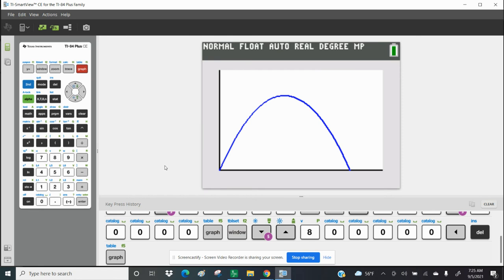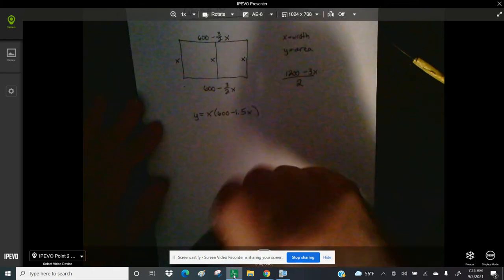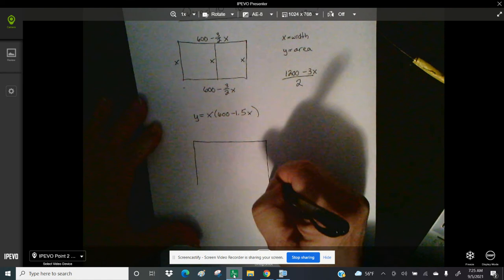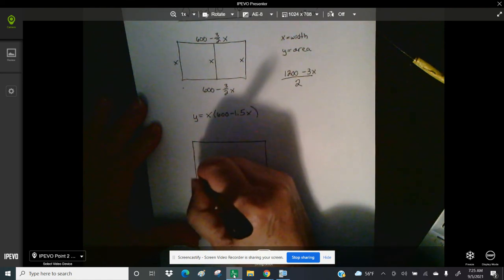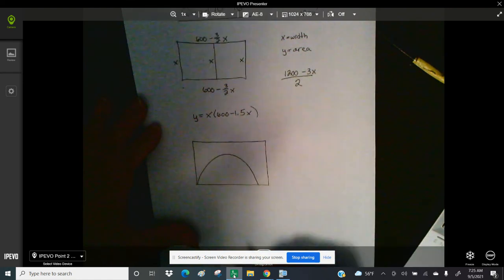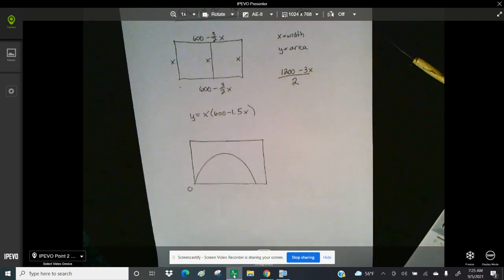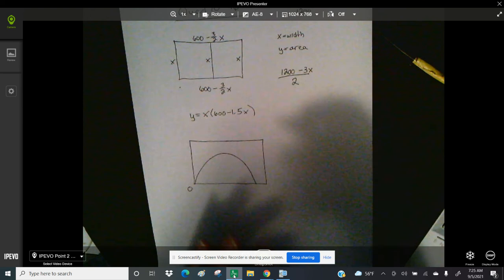So now that I have a good parabola, I'm going to draw this on my paper, right? Because since I used my calculator, my graph is part of my answer. And you just have to do it roughly, right? I started at 0 because it's a word problem, so negatives don't mean anything. So I'm always going to start at my x's and y's at 0.